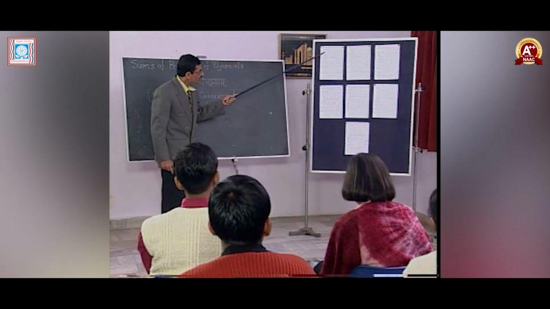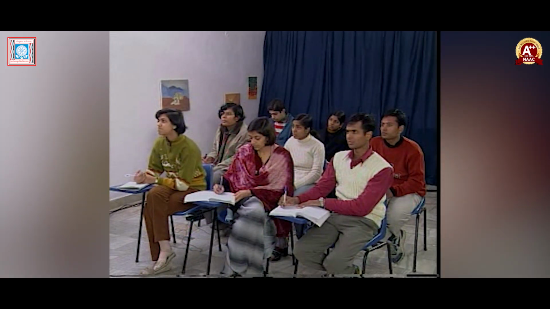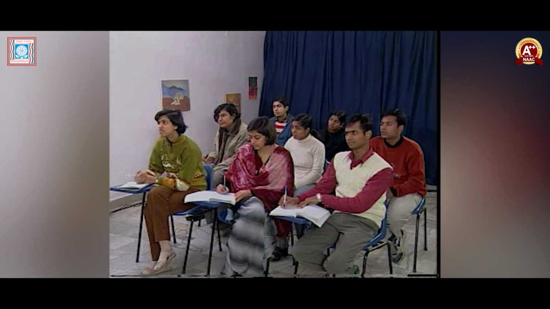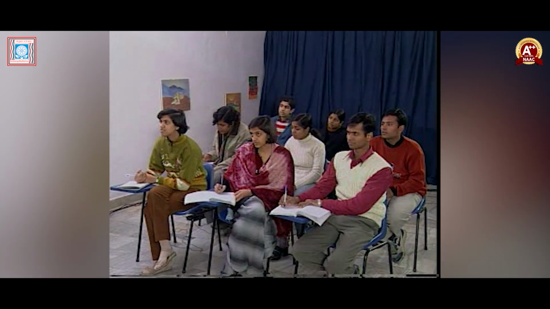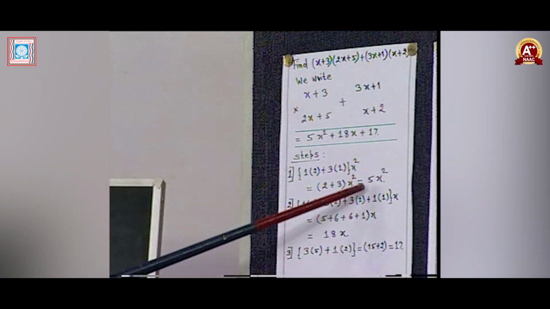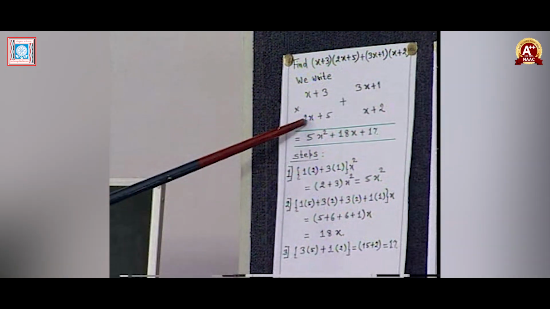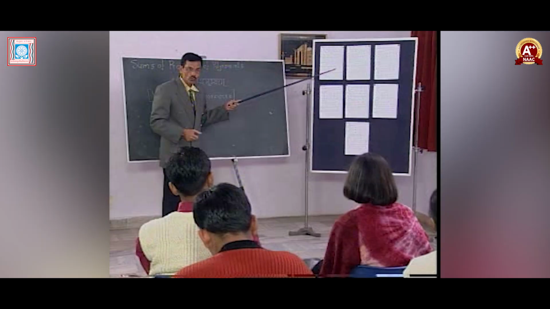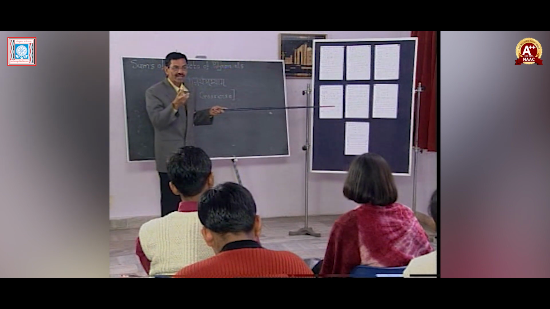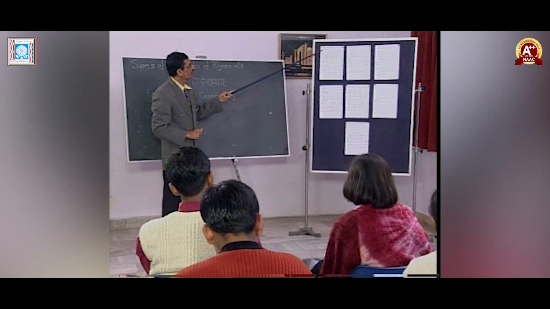So what is the first step? 1 into 2 plus 3 into 1, that is 2 plus 3, x square, equal to 5x square. So how do we get 5? By adding simultaneously the multiplication of 1 into 2 and 3 into 1, which generates the x square term in both the terms.